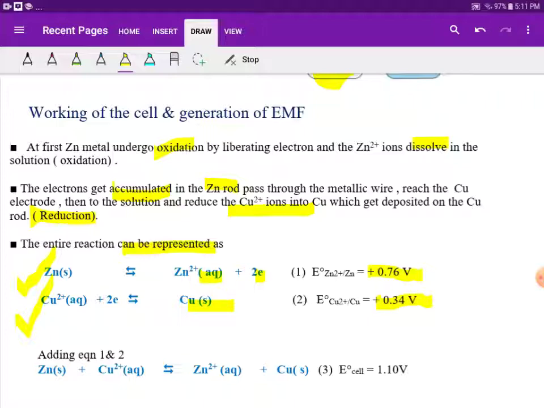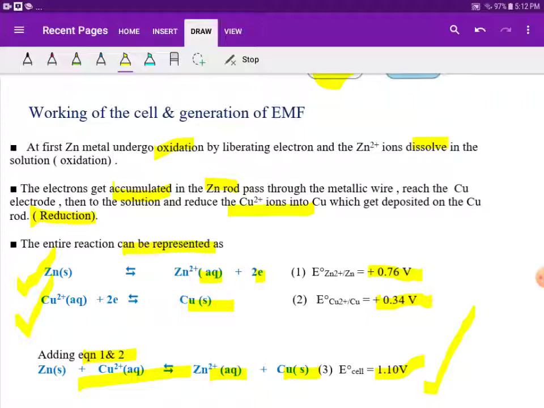Adding equations 1 and 2, we have Zn(s) plus Cu2+ giving Zn2+(aq) plus Cu(s), with a resultant E0 cell, that is the EMF of the cell, equal to 1.10 volt.